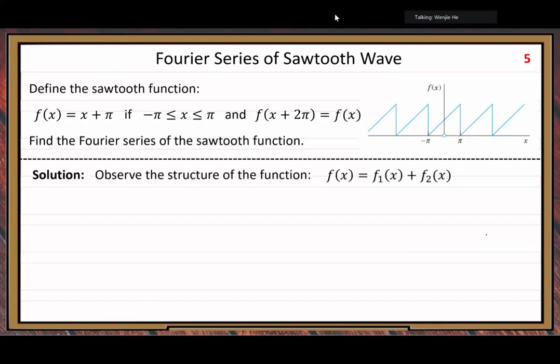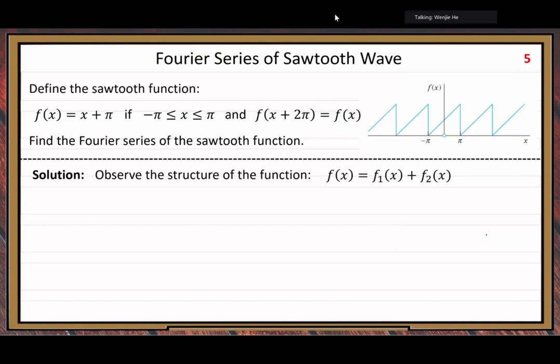But here there is some nice little technique we can apply. Although the original function is not even or odd, we can split the function. The f function equals f1 plus f2: x, and plus pi. Pi is a constant, and a constant is an even function.